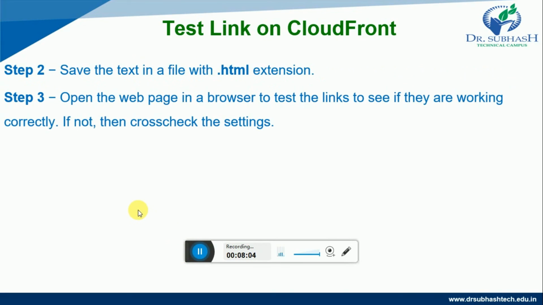In step 2, save the text in a file with .html extension. In step 3, open the web page in a browser to test the link to see if they are working correctly. If not, then cross-check the settings. So friends, with these settings and these steps, you can test whether the particular CloudFront service is working or not.